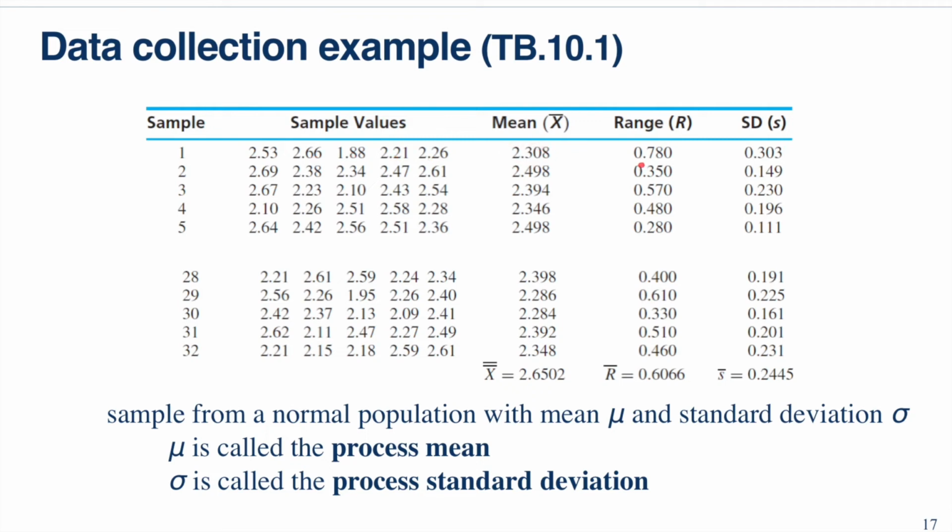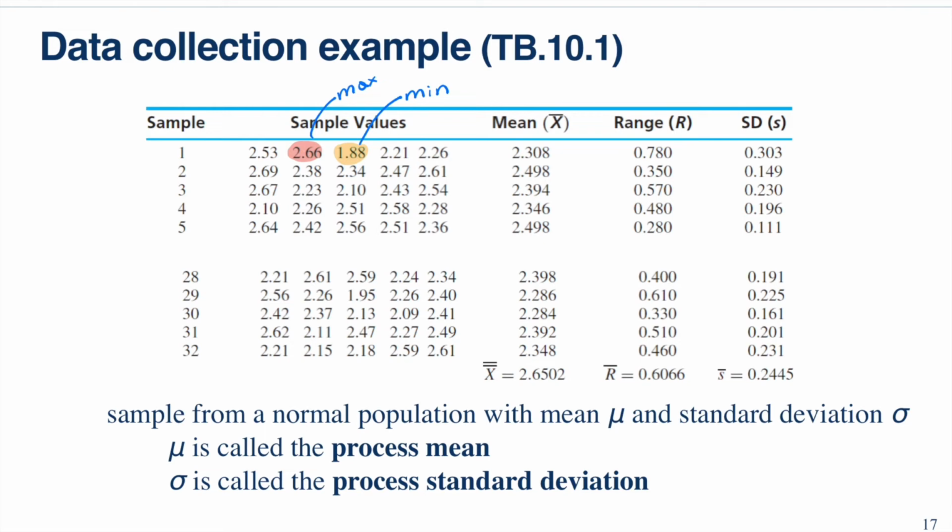Now how do we get to the range? To find the range, we look for the minimum in the sample. The minimum value is 1.88, and we look for the maximum value. The maximum value is 2.66. So this is the minimum value and this is the maximum value.